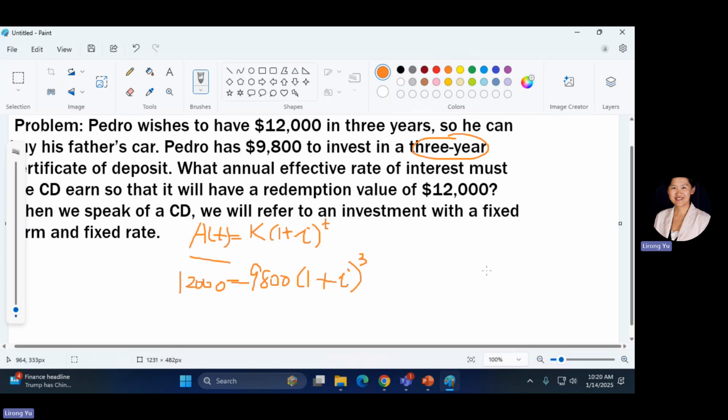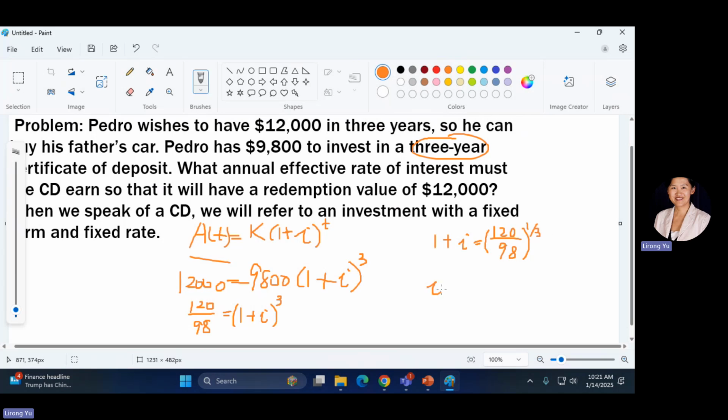The first thing we'll be doing is dividing out the 9,800. We'll have 120 over 98, which equals 1 plus I to the power 3. We have to take the cube root of both sides of the equation, so we're going to have 1 plus I equal to 120 over 98 raised to the power, cube root is 1/3 power, right?